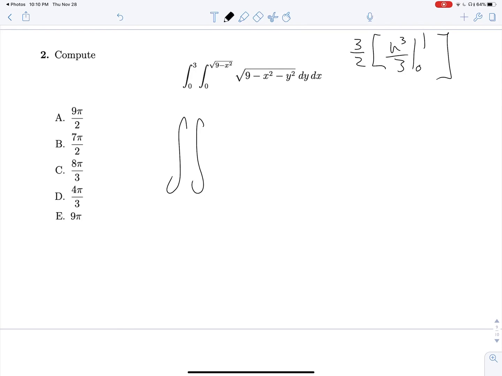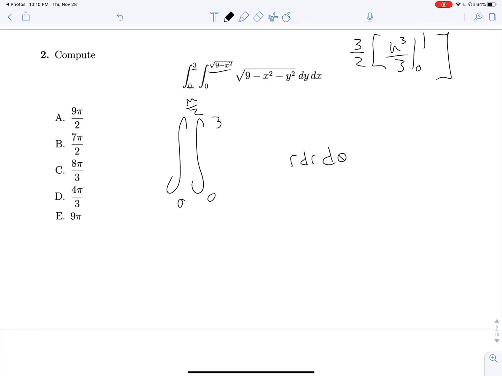But we see that y is bounded on top by the hemisphere of radius 3, and x runs from 0 to 3. And so, kind of picturing that, if you can, we're going to have the whole first quadrant and nothing else. So r runs from 0 to 3, r dr, and theta runs from 0 to pi over 2.